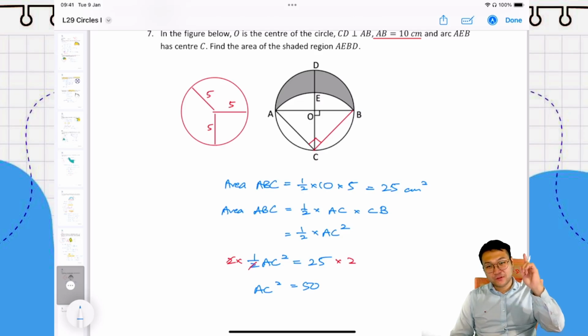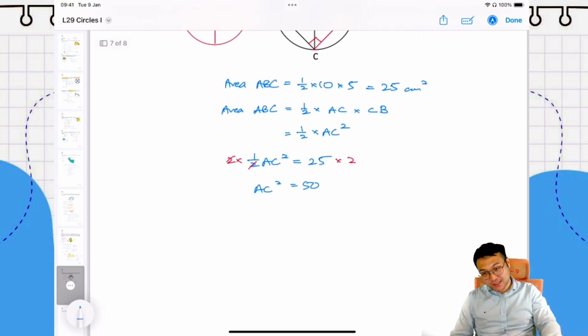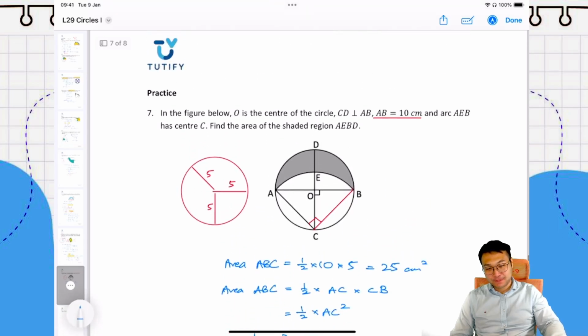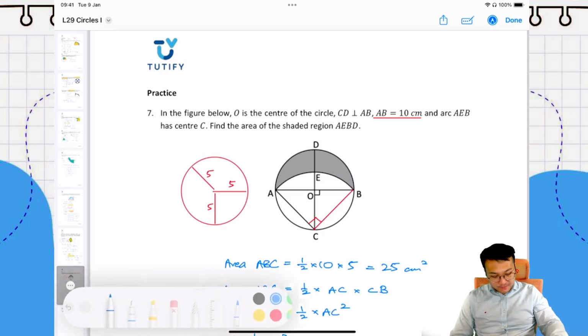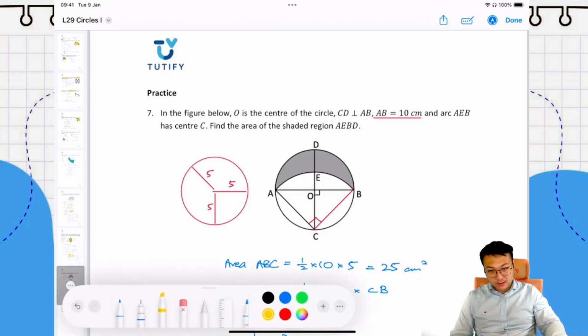Okay, now it's time for visualization. How do you find the shaded region? If you want to find the shaded region, we have to take the semicircle plus the triangle.